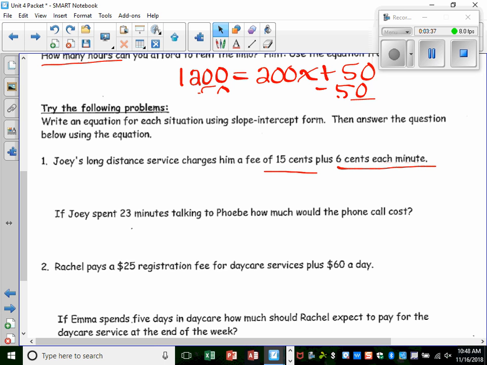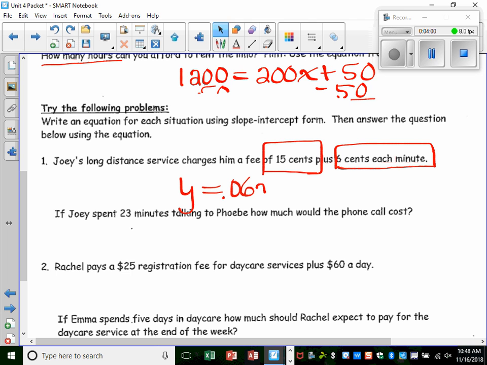Yes, correct. This is the fee of 15 cents. So we're going to say y equals, and of course, this will be our rate of change based on how many minutes he uses. So we're just going to say 6x, or you could actually say 0.06x plus 0.15, because we're just going to change them to dollars.